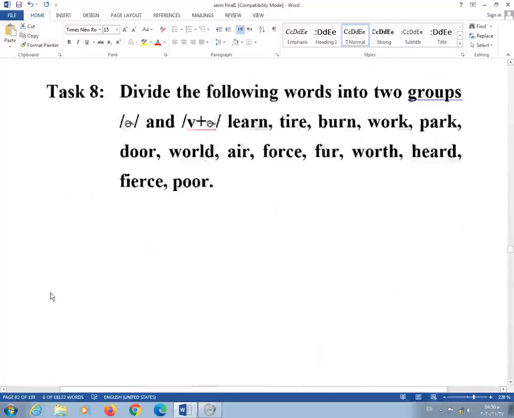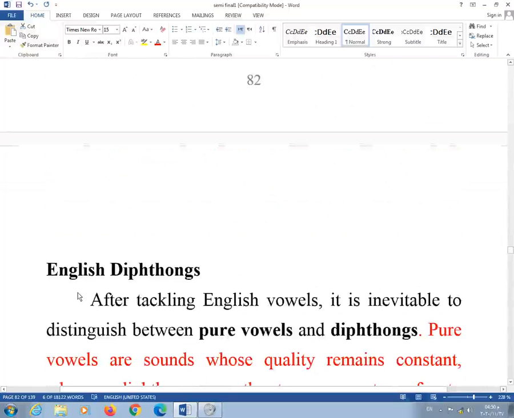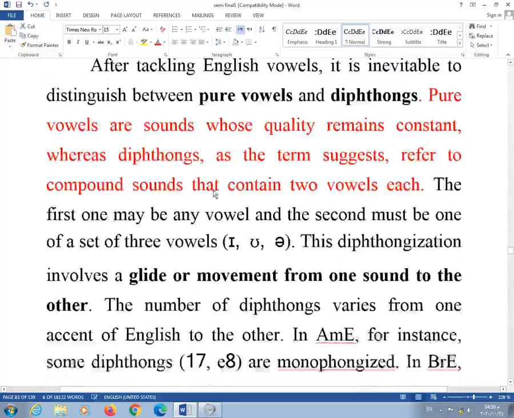Okay. Let's go directly to English diphthongs. Okay. Let me see, where are we in the book? Yes, on page 73. Page 73. Yes.